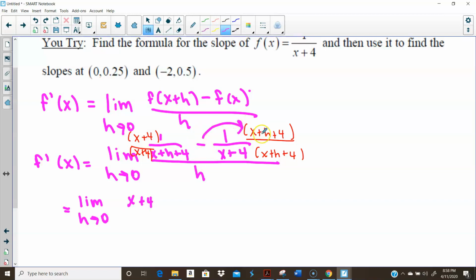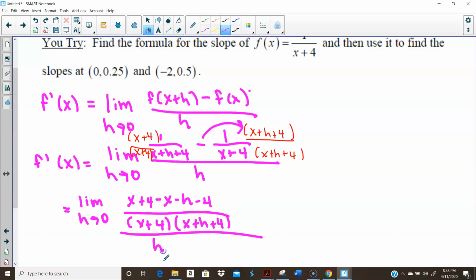Subtract this whole thing, so this is negative 1 times this, which is negative x, subtract h, subtract 4. All over the common denominator, x plus 4 times x plus h plus 4, and we're not going to multiply out the denominator. That would be way too much work. All over h.